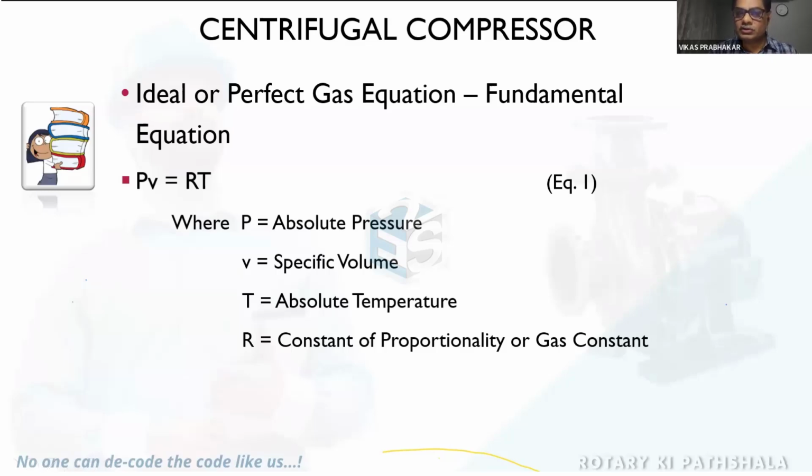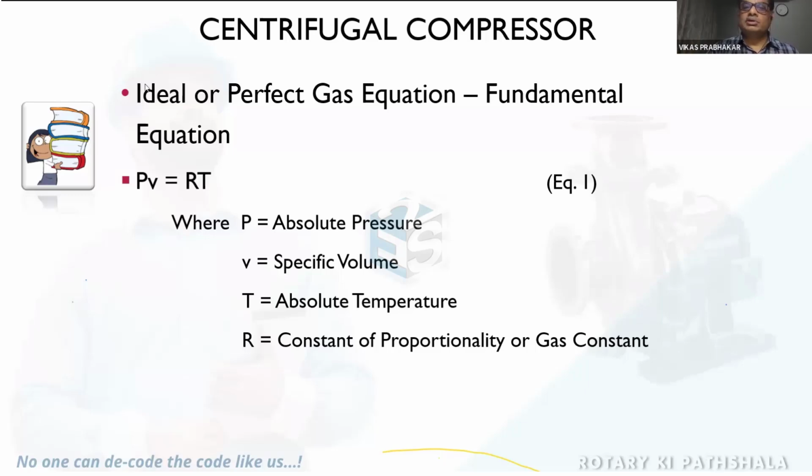So what is the steady flow energy equation? The total energy at the inlet to the compressor is equal to the total energy at the outlet of the compressor. Because we know the basic concept that energy can neither be created nor destroyed, only its form can be changed. So whatever energy we are supplying at the inlet comes out, but in a different form.